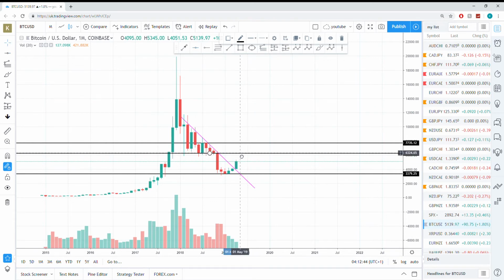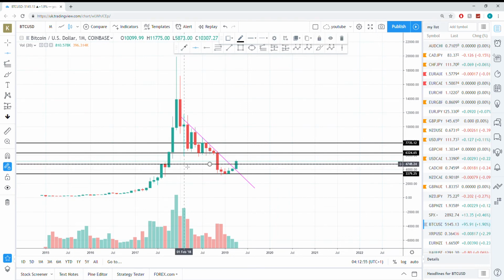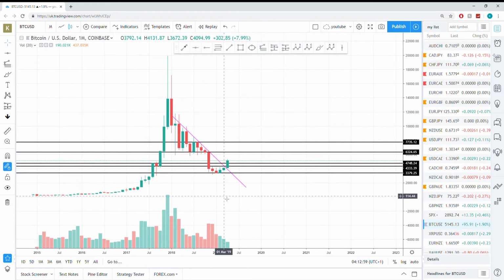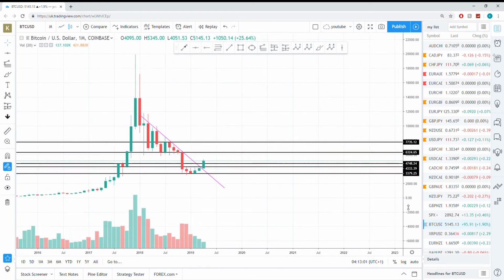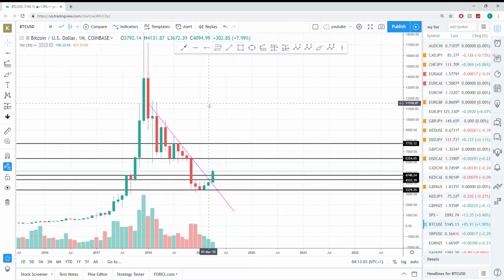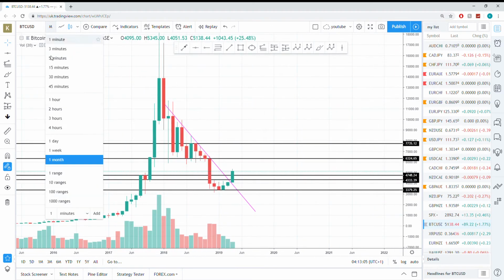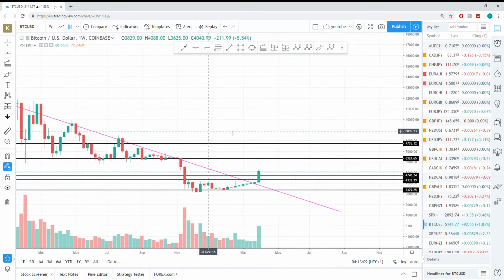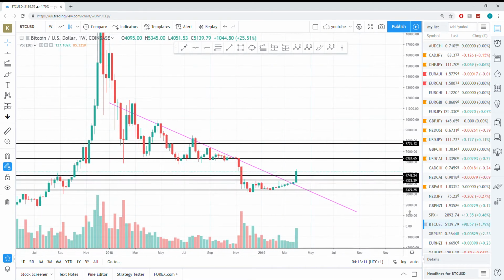I'm just looking as close as possible to where price has been, or price is currently, just for ease, and it just makes trading a little bit easier. If you have too many lines involved, it looks too messy, I think, and it just ruins the simplicity of trading.